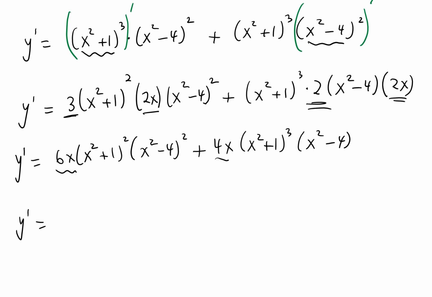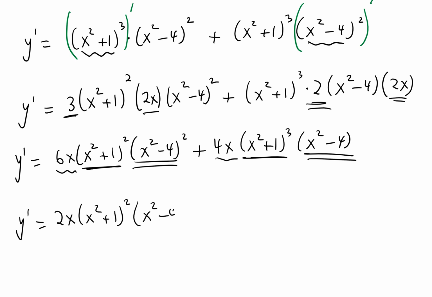The 6x and 4x, that's 2x common factoring. This one here and this, we take the x squared plus 1 squared, the smaller of them. This one and this one, we take the smaller, which is x squared minus 4. Then what is left? 3 times x squared minus 4 plus 2 times x squared plus 1.